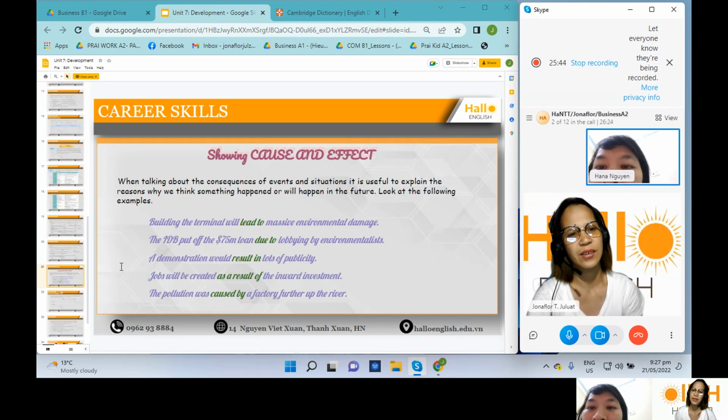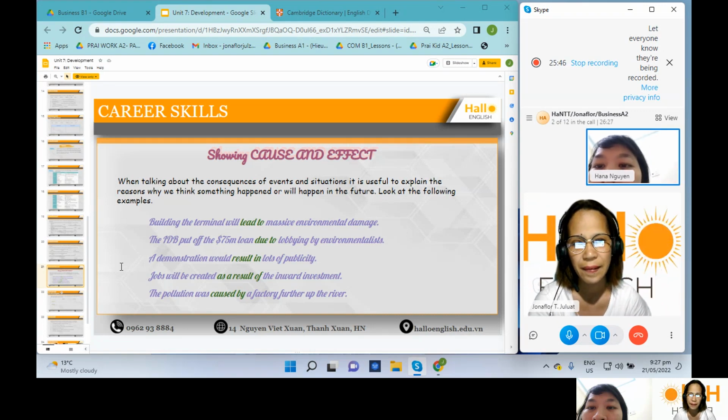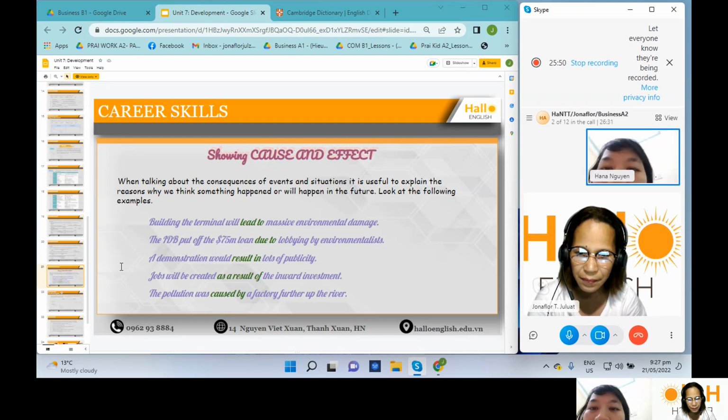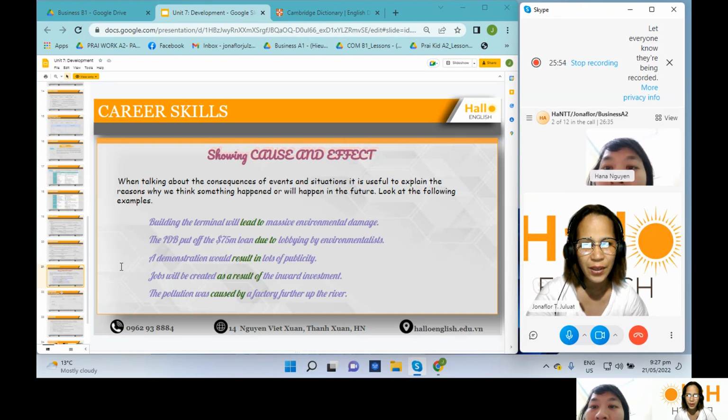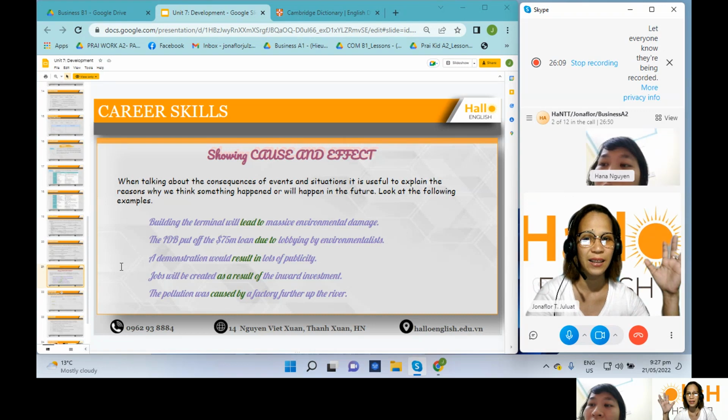The cause is demonstration, and the effect is loss of publicity. Because of the demonstrations, the effect will be the loss of publicity, right?